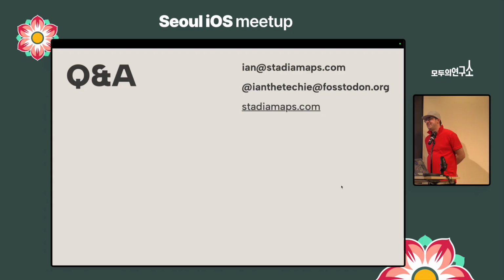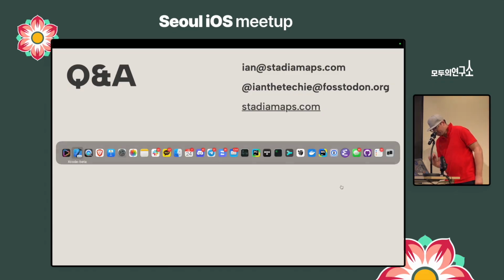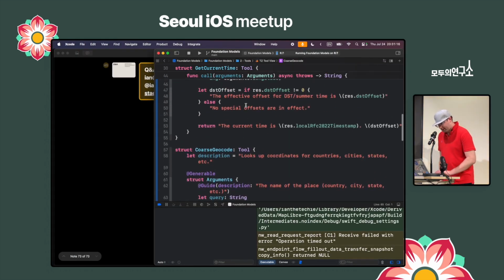Does it remember the previous prompts or answers? Excellent question. The question was, does it remember the previous prompt context? The answer is yes if you use the same session. Let me go back to the code.